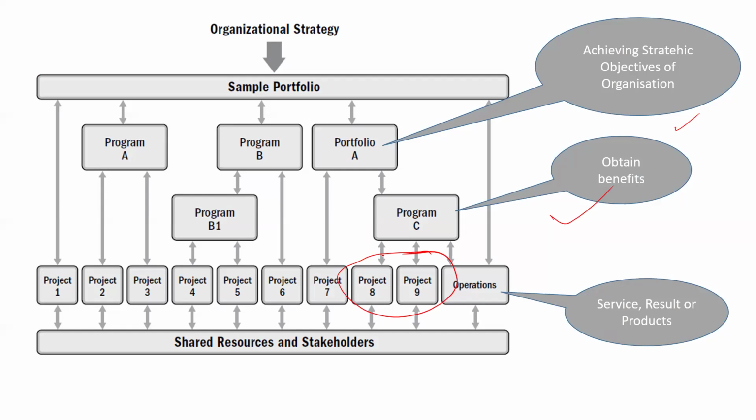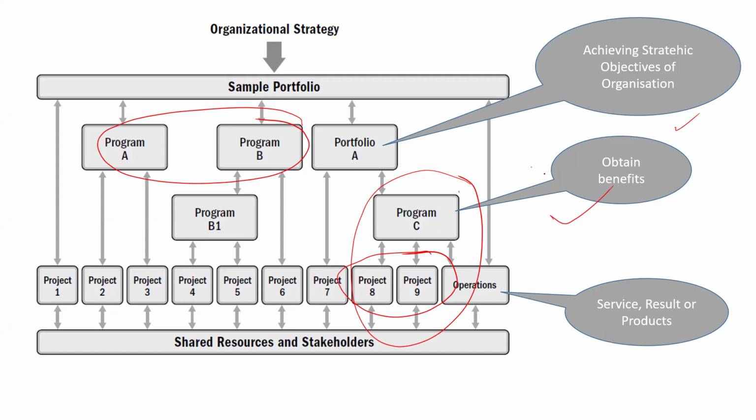Remember, the programs under a portfolio may not have any relation between them, but the projects under a program will be related, in the sense that someone's output will be linked as an input, and so on.